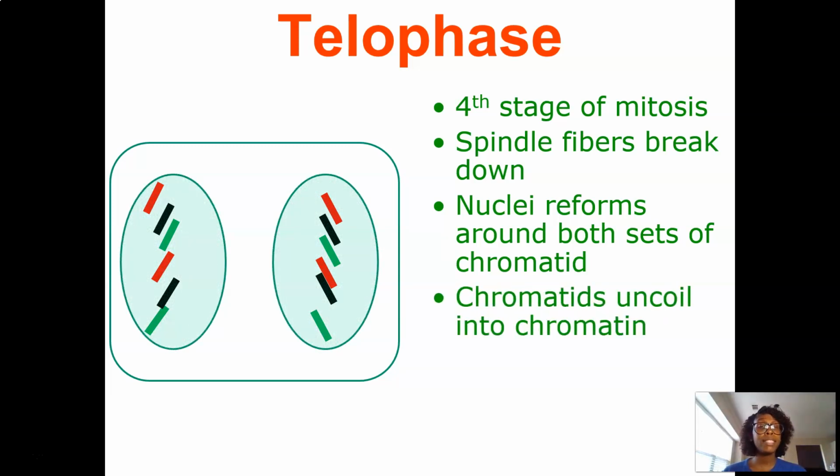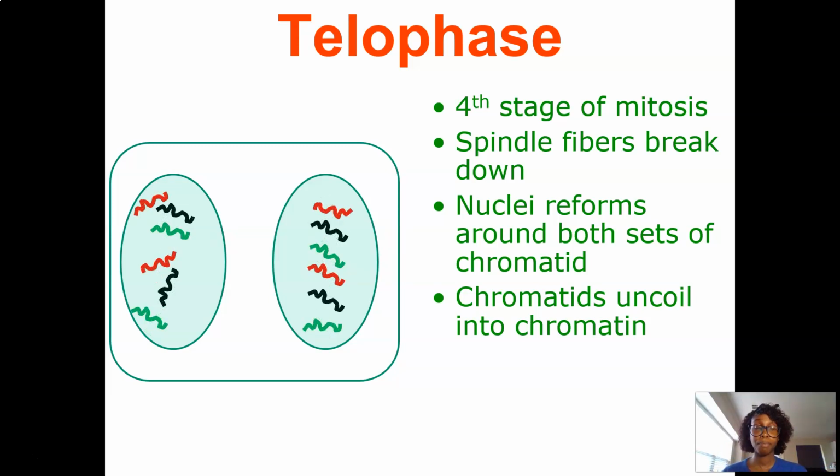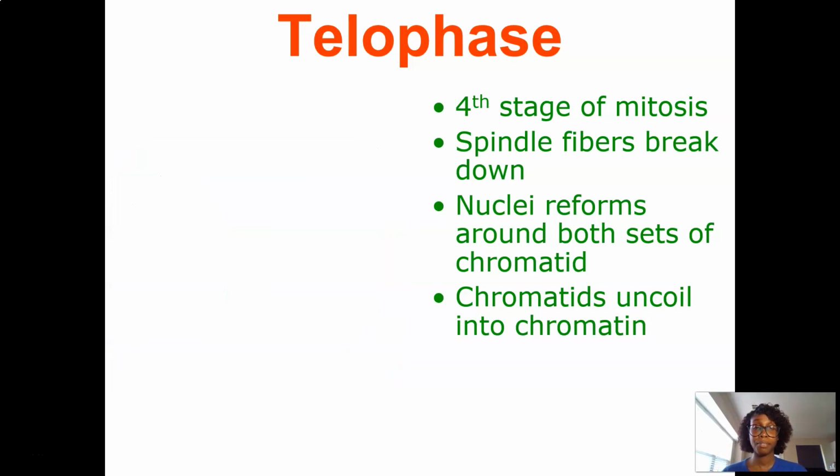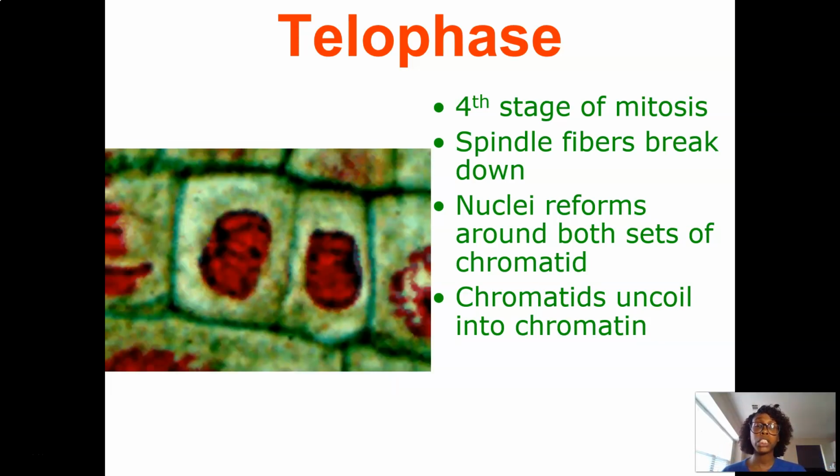And then those chromatids start to uncoil into chromatin. If we were to look at this under a microscope, you will see that the nuclei have reformed around both sets, and it's starting to almost look like those two identical daughter cells.